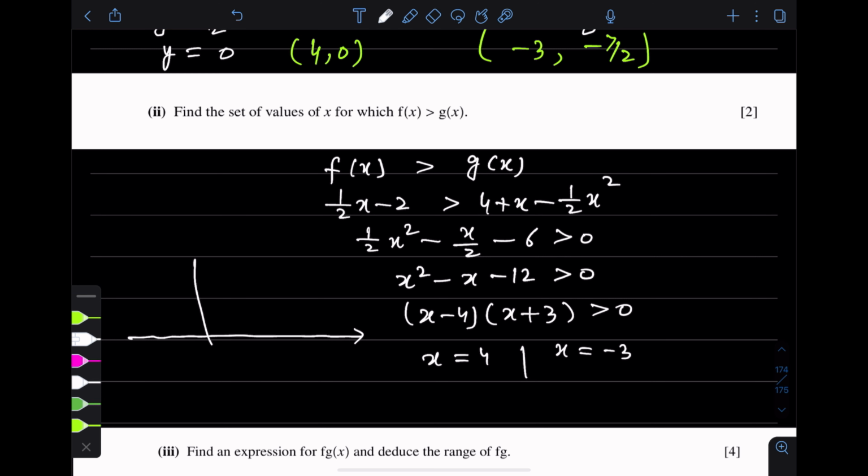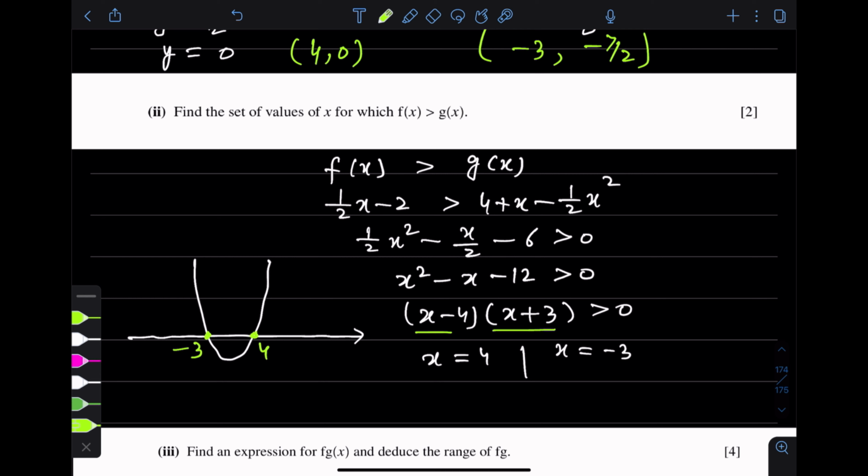X-axis, this is the graph. Quadratic, two values, smaller value minus 3, larger is 4. Since the product of these two factors is positive, this means that the function is positive. x minus 4 into x plus 3 is actually the value of y.